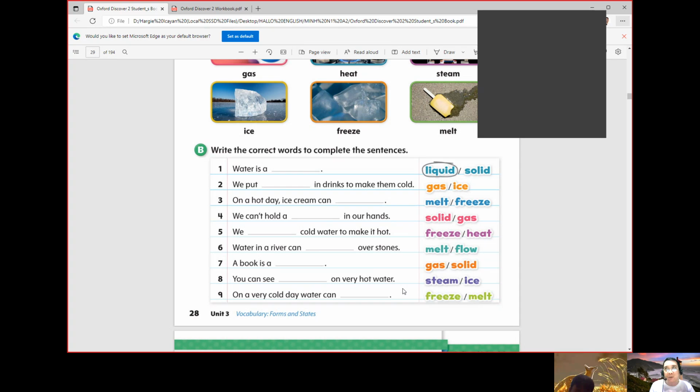I hope you were able to experience seeing steam from hot water. Have you seen that, Min? For example, if your mother cooks food, you can see steam, okay? Because it's hot. Number nine, on a very cold day, water can freeze. Very good. Okay.